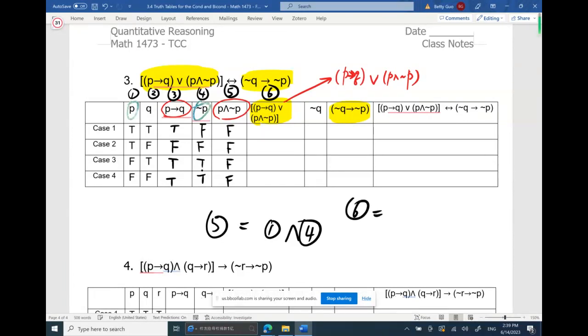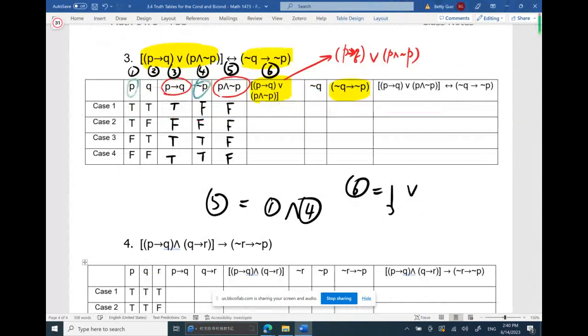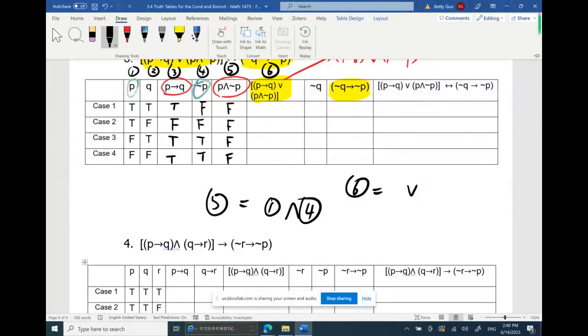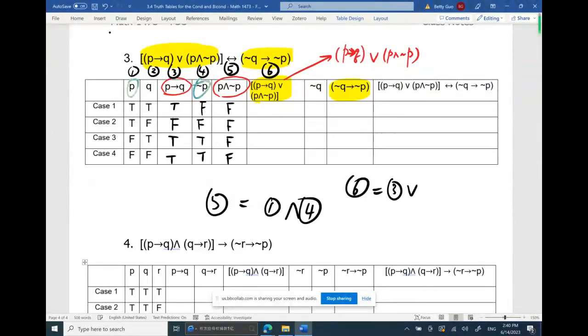Column 6 is a disjunction of column 3 and column 5. For a disjunction to be false, both of them need to be false.